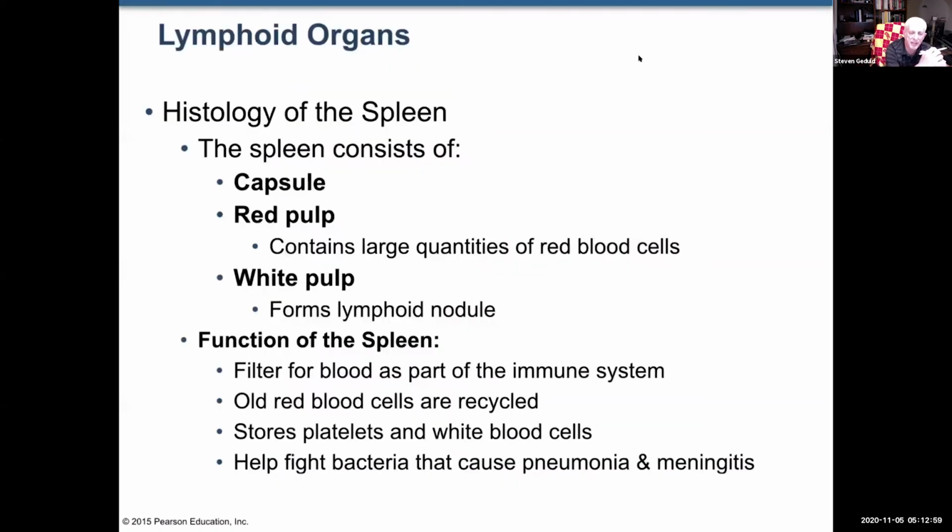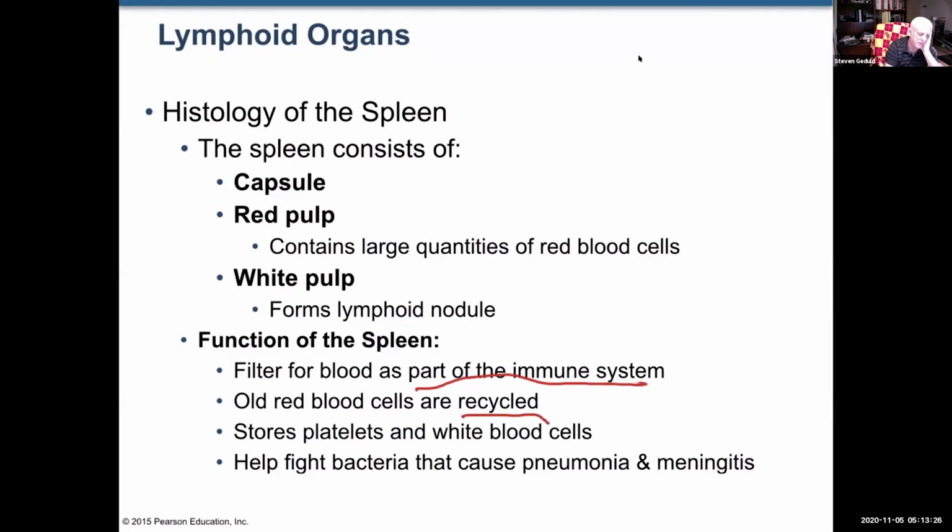The spleen consists of a capsule, red pulp, and white pulp. The capsule surrounds it. The red pulp contains large quantities of red blood cells. The spleen is full of red blood cells, and it recycles them. The white pulp forms your lymphoid nodules. Function of the spleen: it acts as a filter for blood. It's part of the immune system. Old red blood cells are recycled.